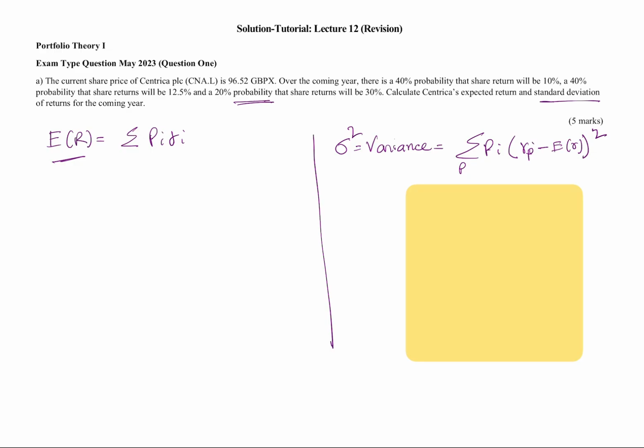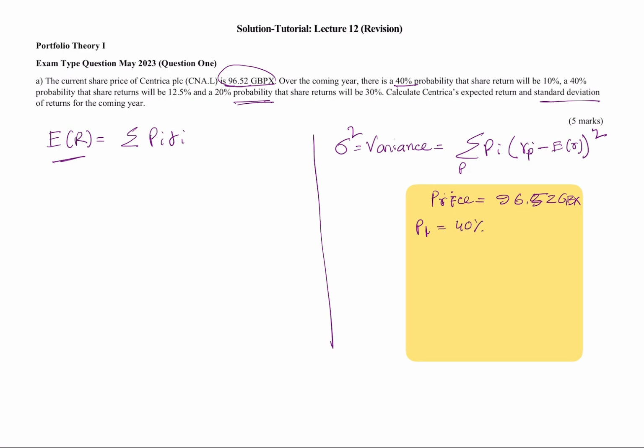We've got Centrica's share price, which is not relevant here, but I'm just writing all this information, 96.52 GBX. There's a 40% probability, so P1 equals 40%.